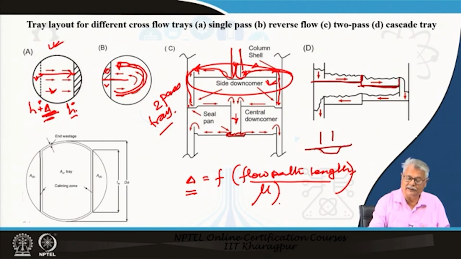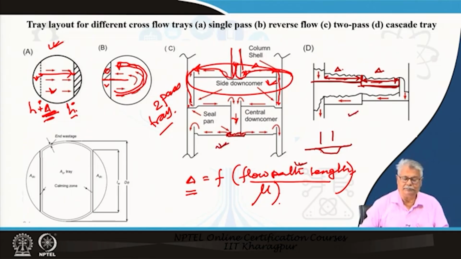So, the delta in this has to drive only this much of length, and the delta here drives only this much of length. This allows reducing the flow path length, keeping the flow rate the same. So, quite naturally, you can have either this or this, depending on your choice.